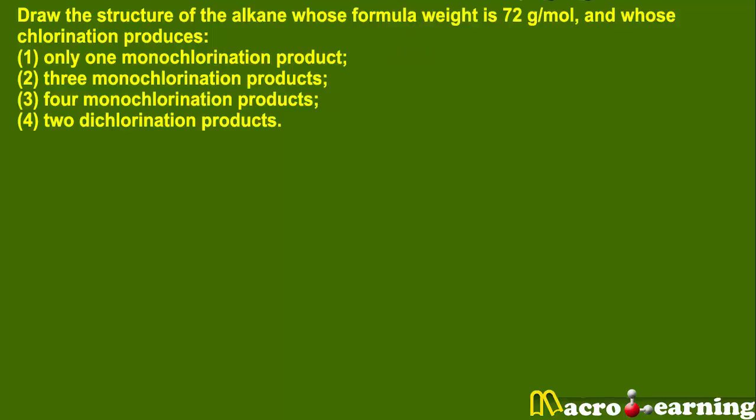CnH2n+2. Okay, and 72, so n times 12, that's the atomic weight for carbon, plus (2n+2) times 1, that's the hydrogen's atomic weight, and that's 72.